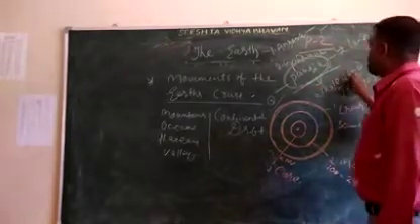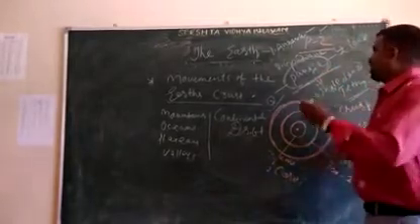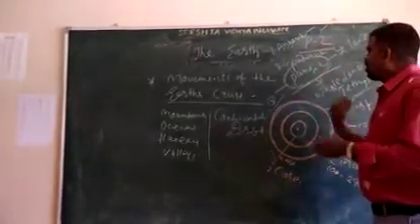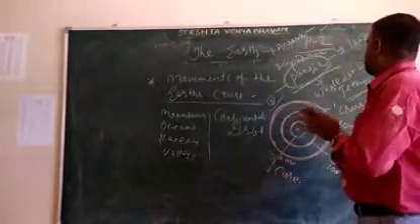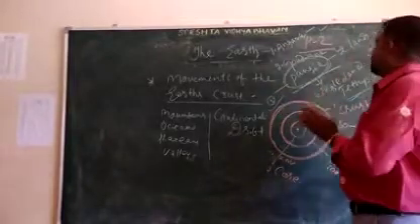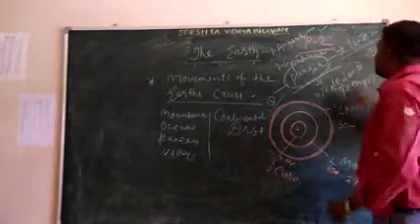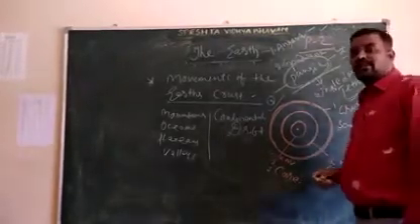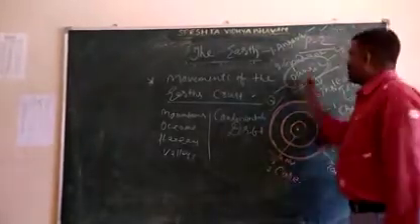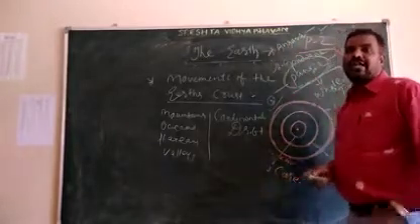Whenever the Earth plates rotated, collided and dashed against each other, Pangea divided into two lands: the first is Angara land and the second is Gondwana land.